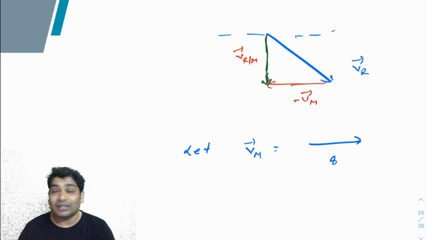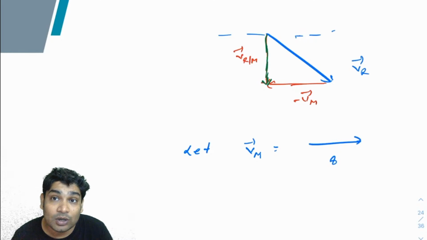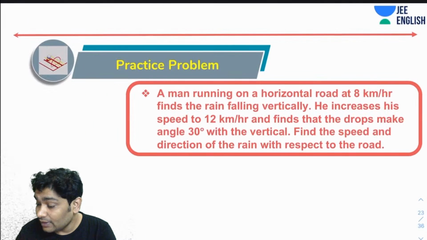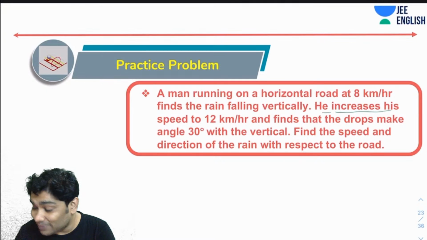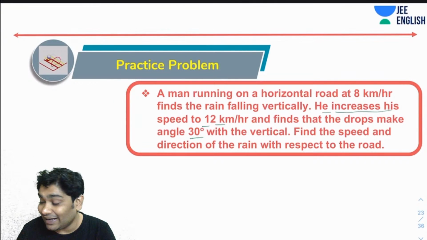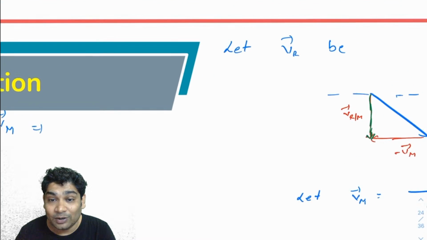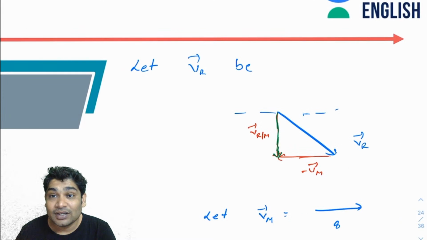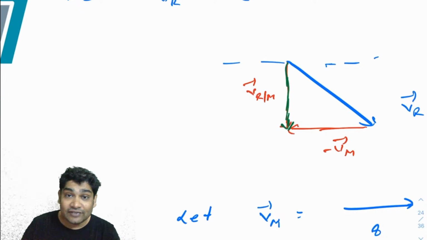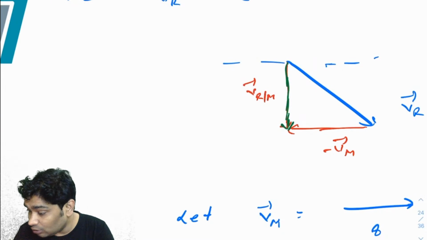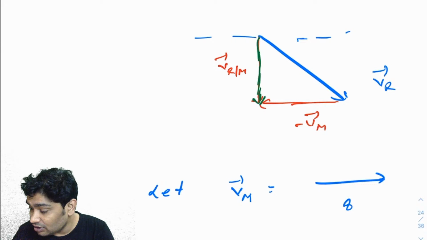All right. So I have been told that when a man moving with velocity 8 looks at the rain, it appears to be falling vertically. Next, what does it say? It says if he increases his speed to 12, now he finds the drops making an angle of 30 degrees with the vertical. So let's do that. So this was 8. If the velocity of man becomes 12, so instead of 8, in this triangle, let's write those values.